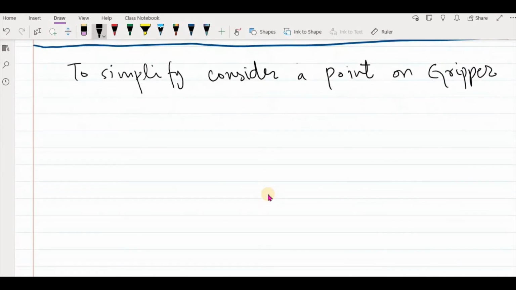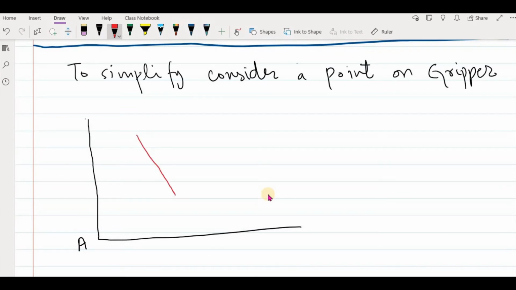So let's draw this frame diagram again. This is frame A, and then we have frame B, which is rotated and also translated.